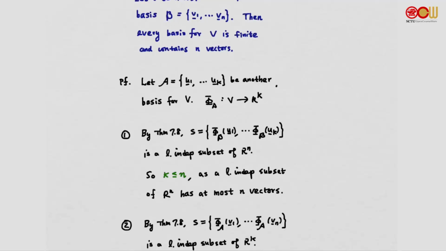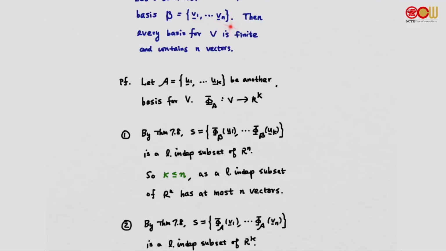Now let's consider phi A. Phi A is a mapping from V to Rk, because A has k vectors, so the coordinate vector has dimension equal to k. And because A is a basis for V, phi A is also an isomorphism. And these basis vectors v1 to vn are linearly independent, right?